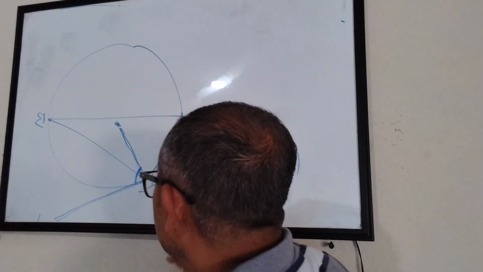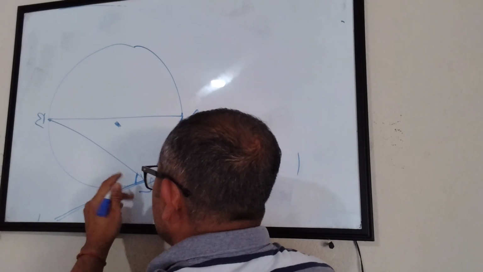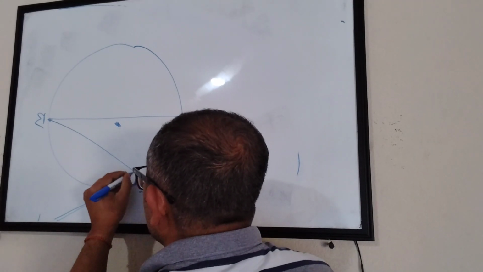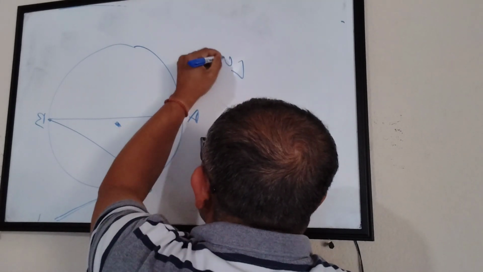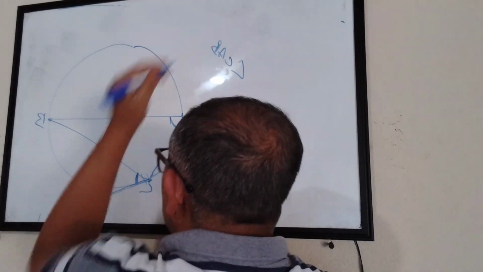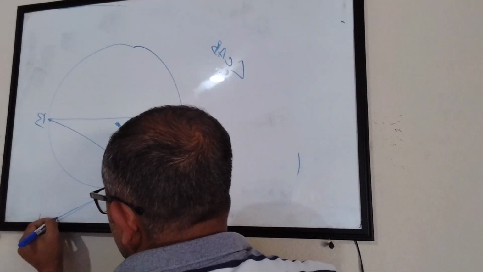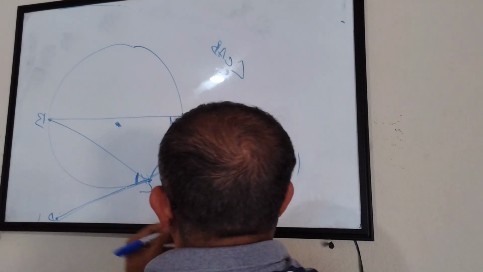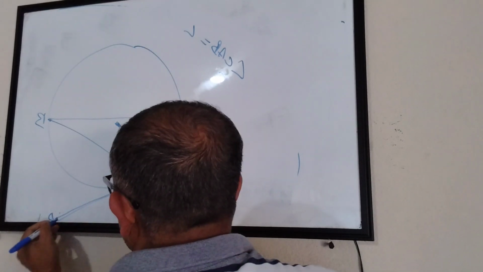So here, let me not confuse you guys. This is my angle, and we are trying to prove that angle CAB, let's pick a point here, D, is equal to angle DCB.